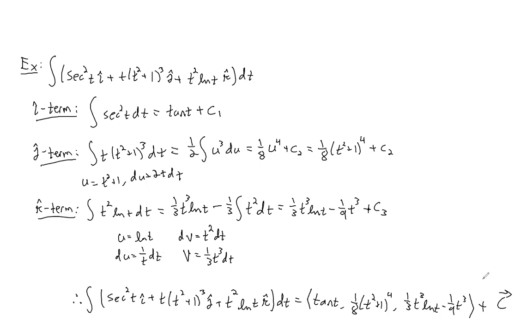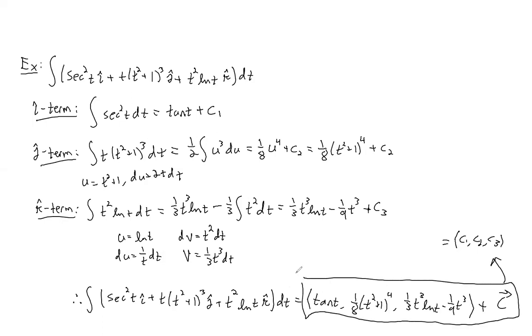The vector c is a constant vector. This guy, I'm just declaring to be c1, c2, c3. And there's nothing wrong with writing this in either of these two ways, but I want to illustrate that this is another way that you can do this, writing it with a big fat plus c on the end there.